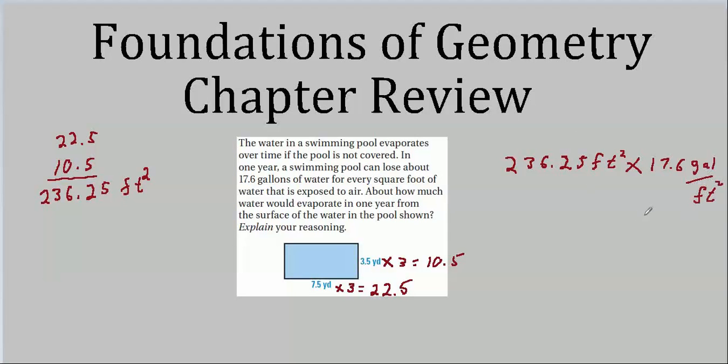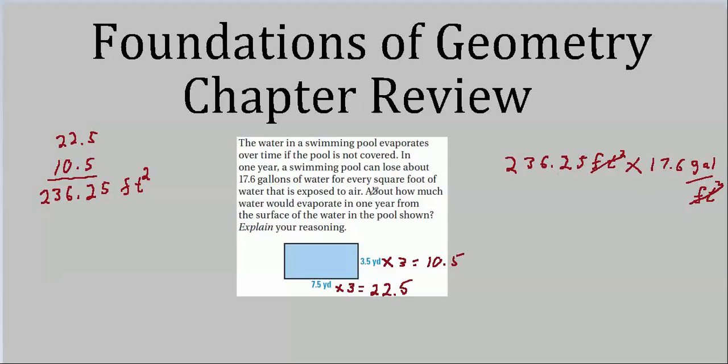Why would you want to do that? Well, that's one of the cool things about dimensions. If you carry them along when things start to get confusing, you can cancel them as if they were numbers. And our answer is going to be in gallons, which is exactly what we want. We want to know what the evaporation is in 1 year.